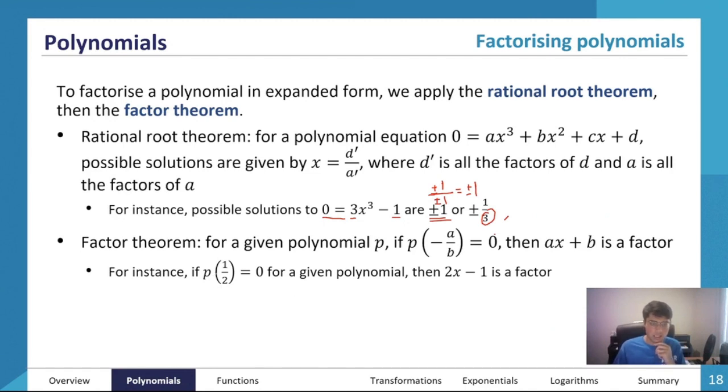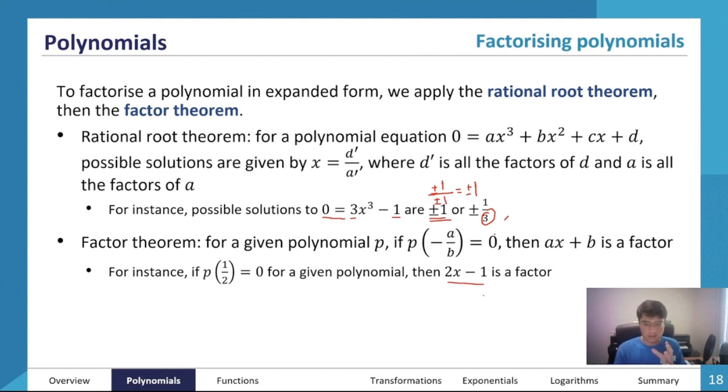If we have p of 1 over 2 is equal to 0 for a given polynomial p, then that means that 2x minus 1 is a factor of p. So what this means is we just substitute 1 over 2 in for x, and if it all ends up reducing down to 0, then that means that 2x minus 1 is a factor of that polynomial.